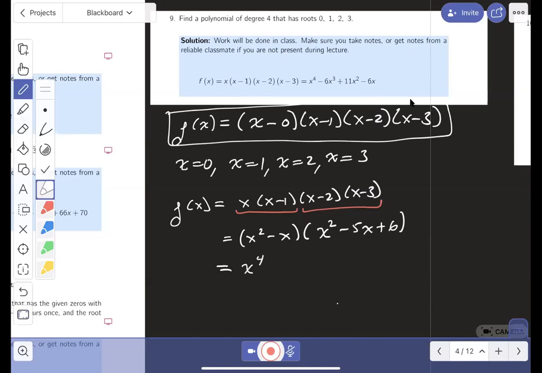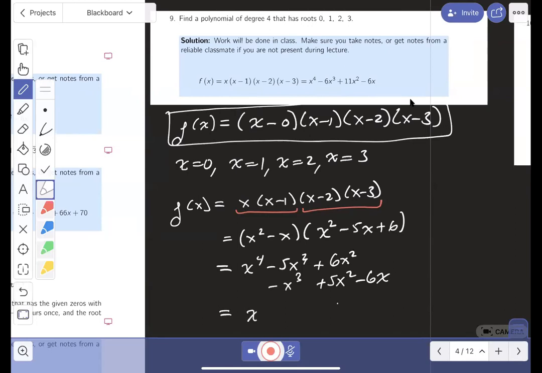x to the 4th minus 5x cubed, we'll check the answer later, plus 6x squared. And then you get what? Minus x cubed plus 5x squared minus 6x.